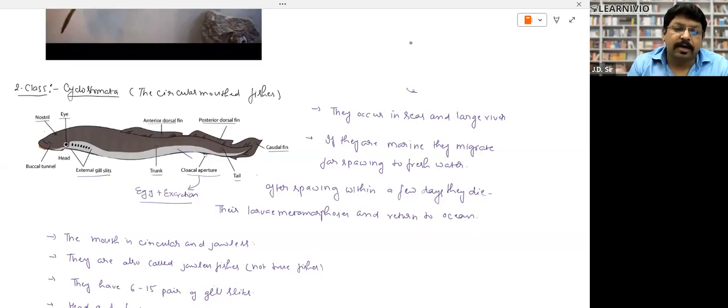For egg laying, they come to the rivers, to the estuaries. They lay eggs or give birth to the young ones, and that is called spawning. They spawn in fresh water and then return to the ocean. When they return to the ocean, they die, right? And after development, their larvae or young ones again return to the oceans. So that is the peculiarity of cyclostomata. Clear?